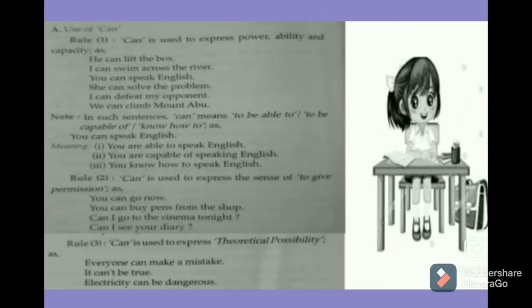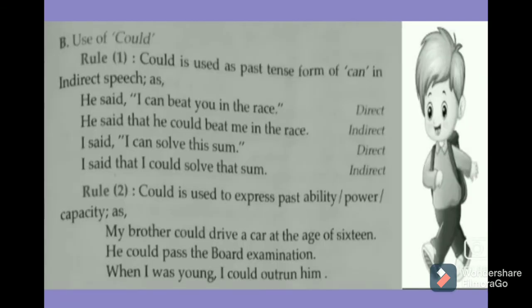Okay children, let's move further, and now we are going to see could. Could is used as the past tense form of can in indirect speech. Let's see these sentences. He said, I can beat you in the race.